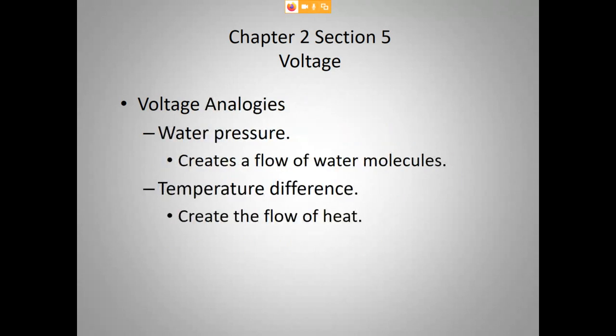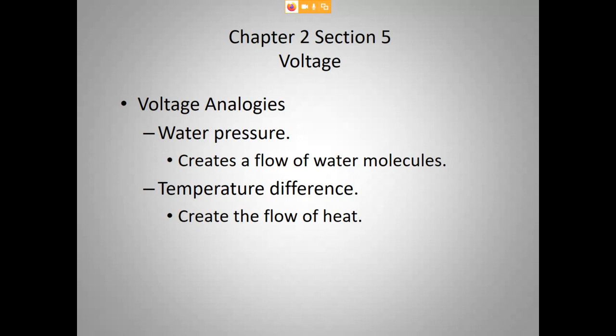Okay, now if we think about trying to do an analogy, because we can't see voltage, sometimes it's kind of hard for us to understand voltage and current, because we can't see the electrons moving, we can't see the voltage.